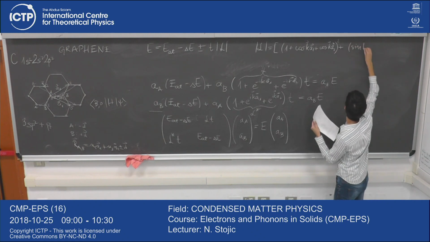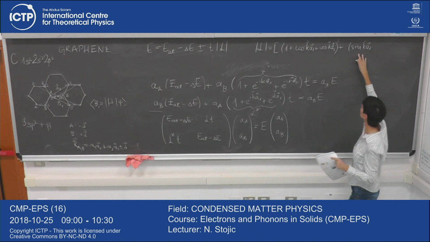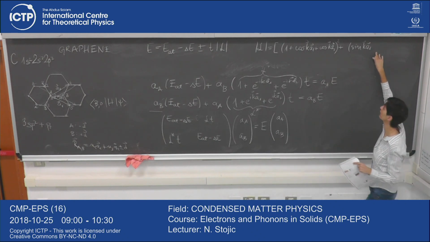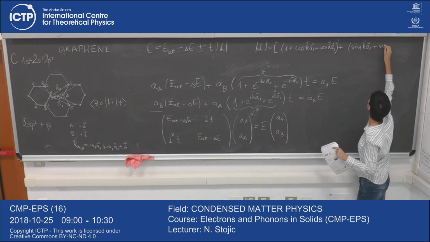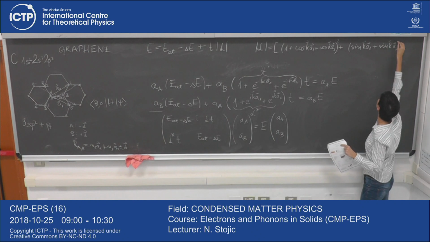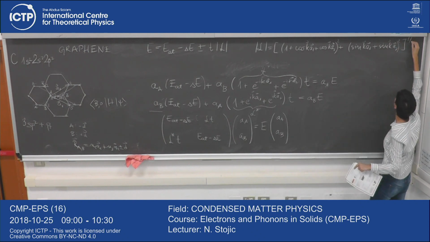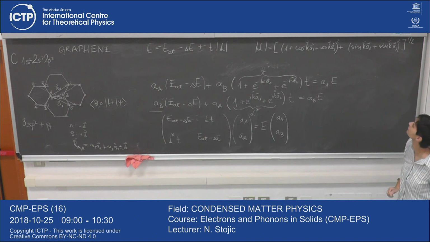Sine Ka1. These are both negative here, but this is squared, so I don't care. Sine Ka2 squared, and the whole thing is to the 1/2. Good.